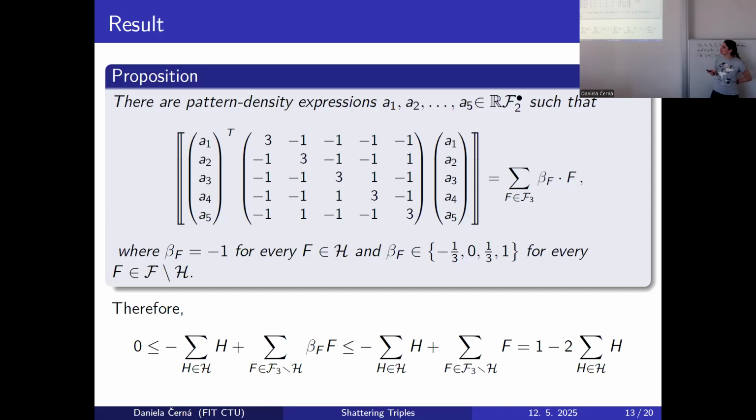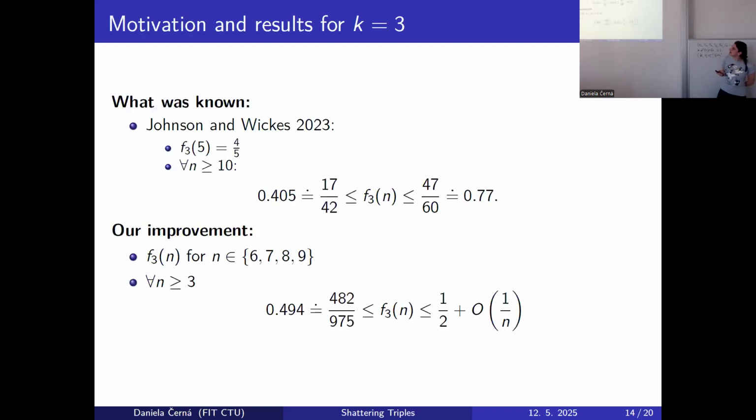So this is 1 minus this sum, which will give me exactly this, which tells me that this sum is at most 1/2, and this sum is equal to the value f3 n. Again, there are little o(1) terms in here, so this works for the limit as n goes to infinity. And here is the little o(1) over n, which can be found again by going through the proof. So hopefully you believe me that we found the upper bound, at least for the limit.